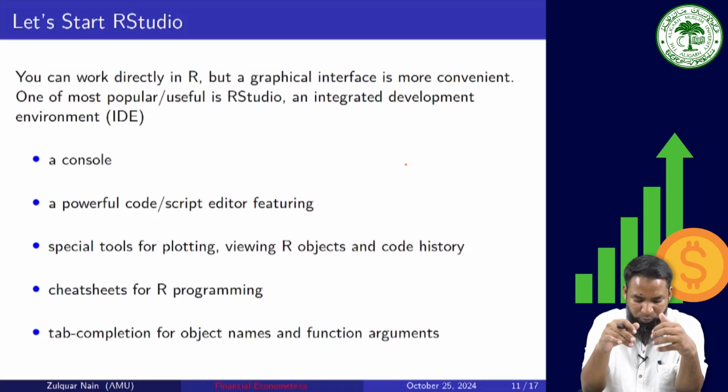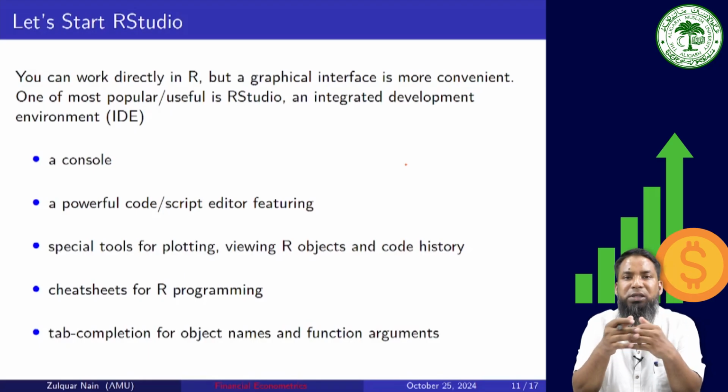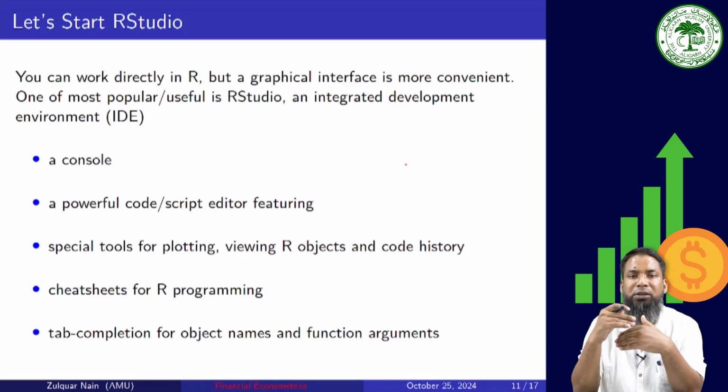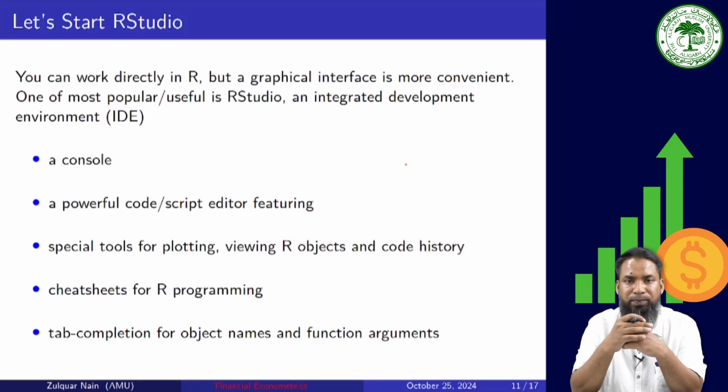Then there is type completion for object names and function arguments. What we mean by type completion is basically what we see in the Google search engine: when you type 2-3 letters, different suggestions appear. Similarly here, if you type 2-3 letters of any function or argument, RStudio will offer suggestions.